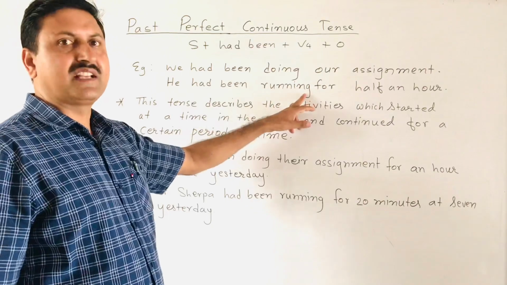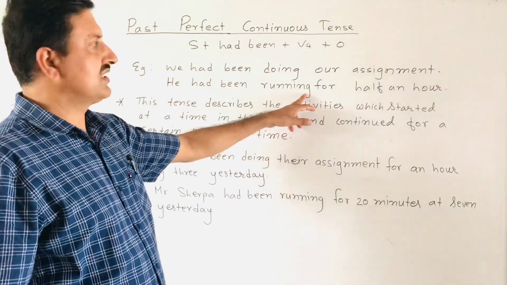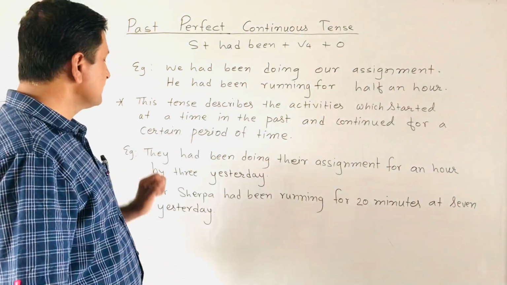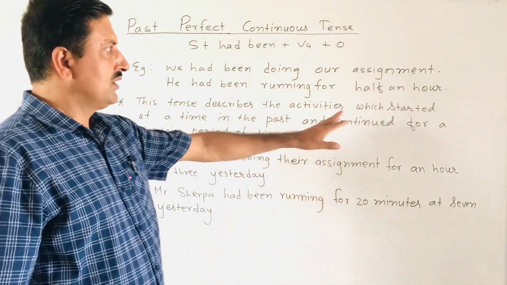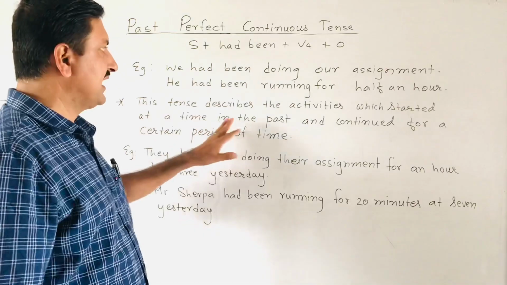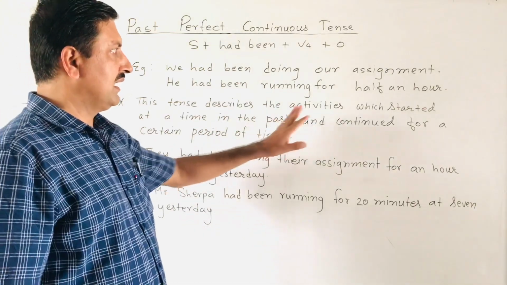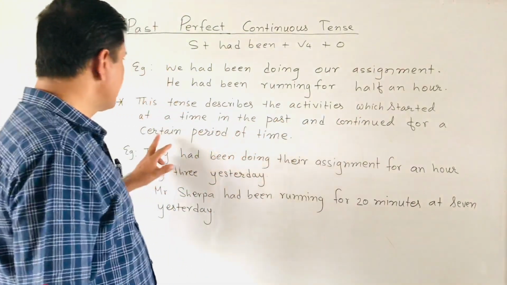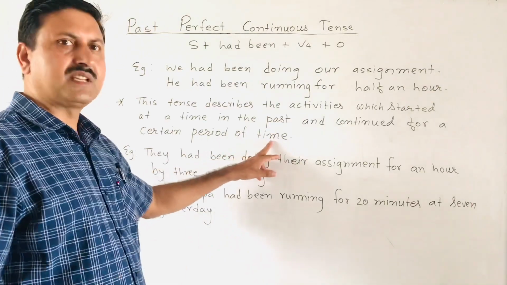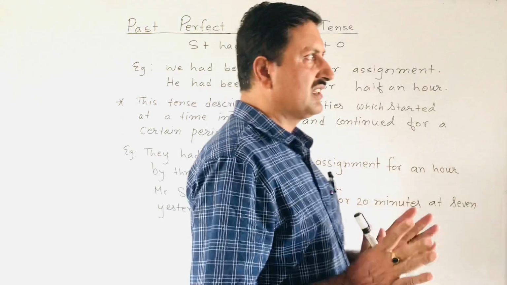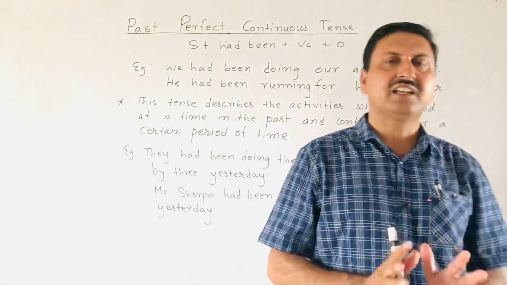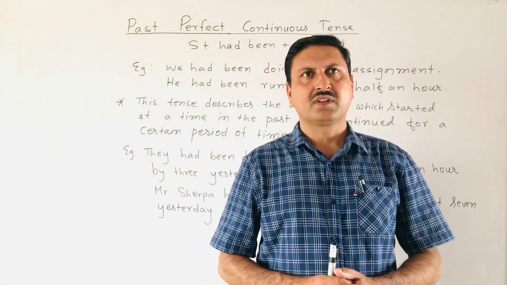Run plus ing, verb ing is used in this example. This tense describes the activities which started at a time in the past and continued for a certain period of time in the past. Suppose an action started at 9 o'clock yesterday.